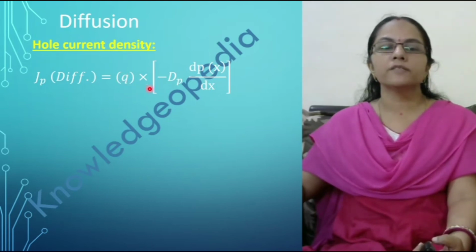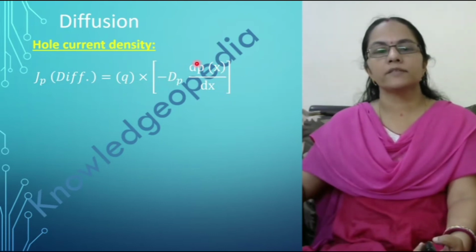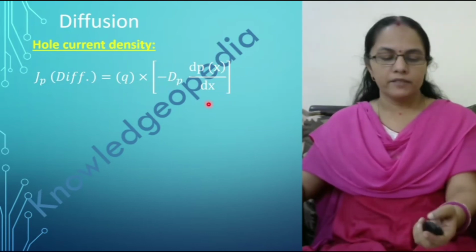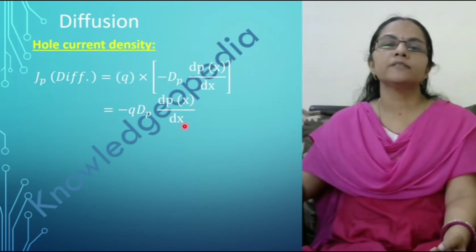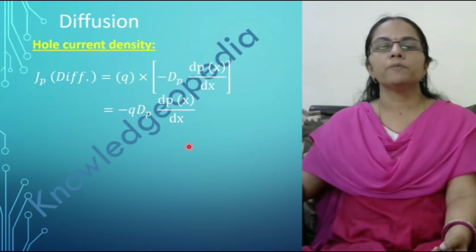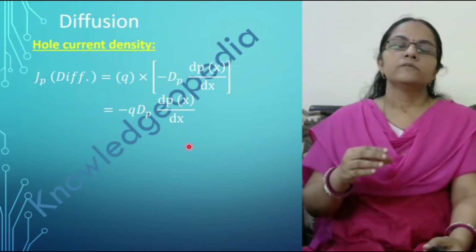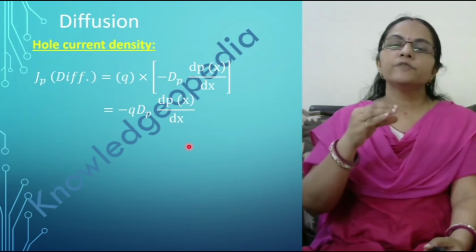So it is plus q times the hole flux density. Multiplying these two, we get the current density due to diffusion of holes equal to minus q Dp dp by dx.